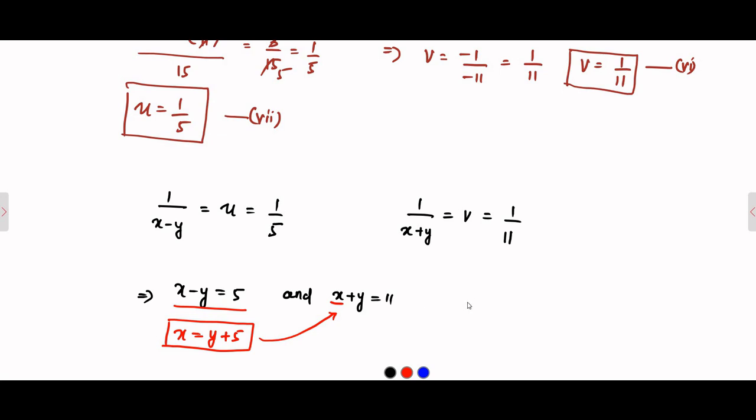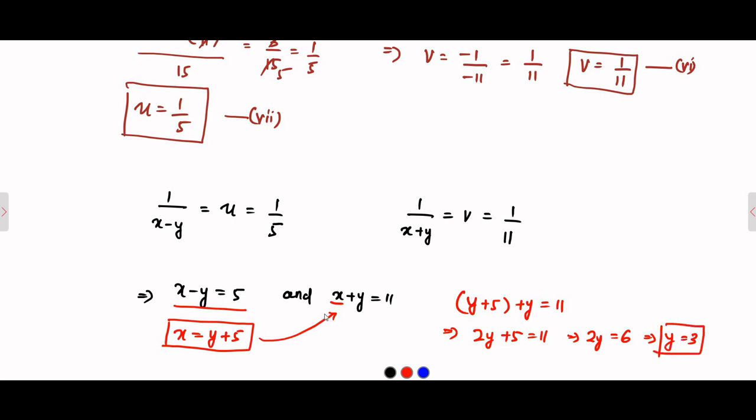So y plus 5 plus y is equal to 11. That implies 2y plus 5 is equal to 11, so 2y is equal to 11 minus 5, which is 6, so y is equal to 3.